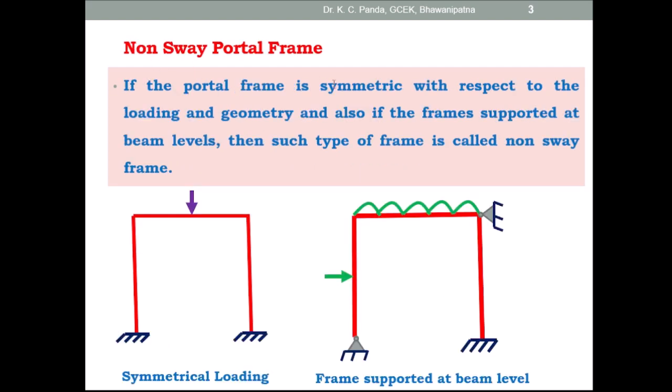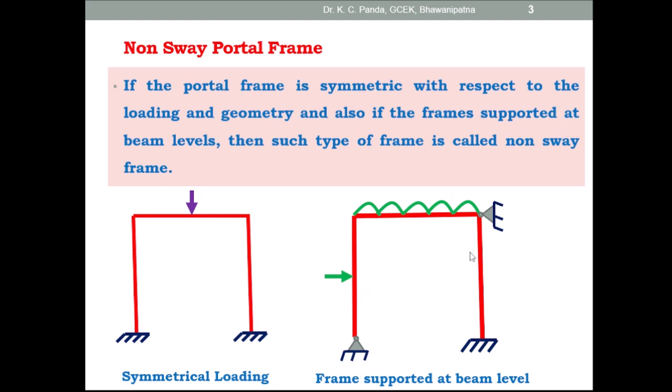Then what is a non-sway portal frame? If the portal frame is symmetric with respect to the loading and geometry, and also if the frame is supported at the beam level, then such a frame is called a non-sway frame. Look at this figure. Here the frame is symmetric with respect to the loading and with respect to the geometry, so in that case the sway is prevented, and this is the case of a non-sway frame.